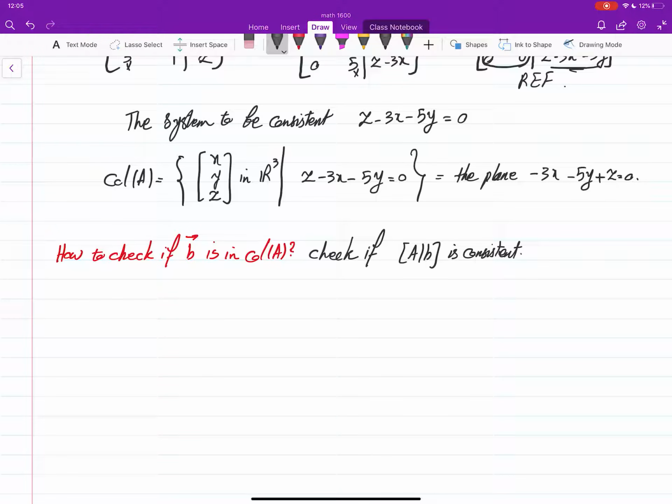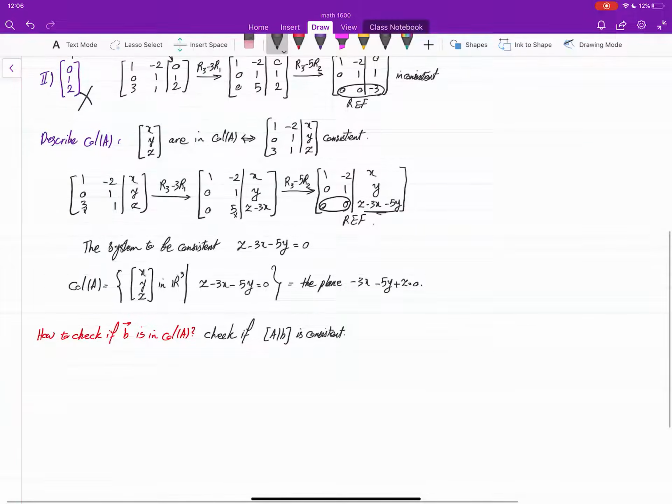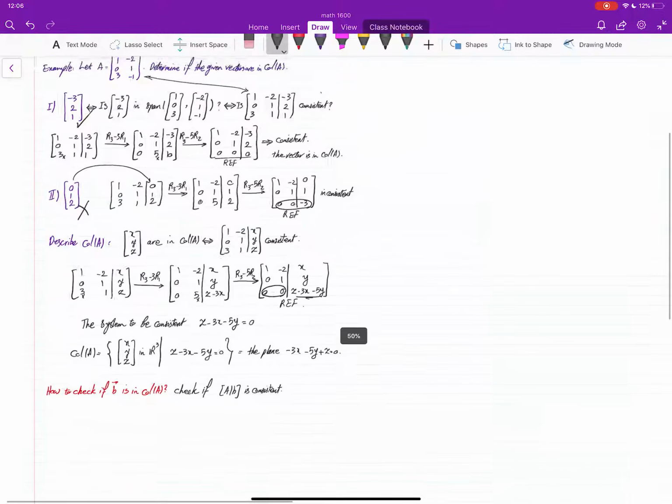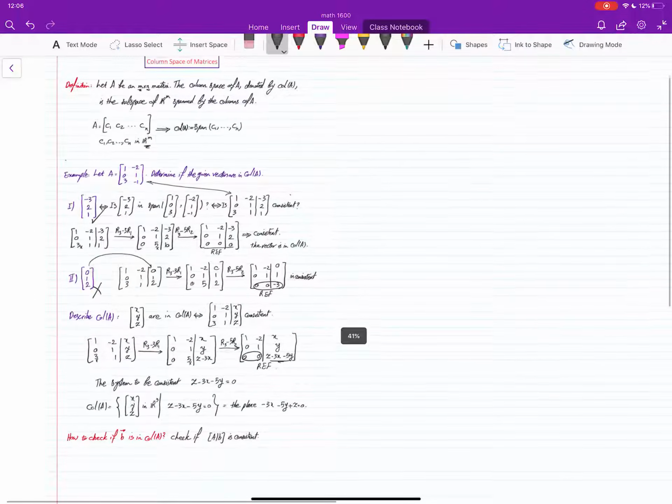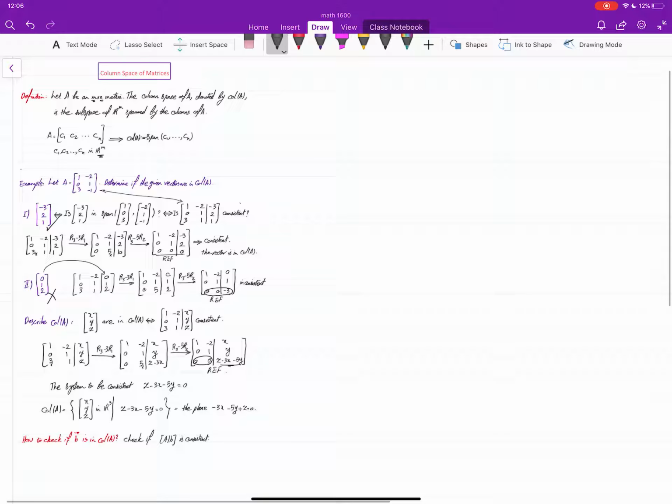If it is consistent, yes, then B is in the column space. If it is not, B is not in the column space. Okay. So this is one of the three subspaces we are going to assign to matrices, column space. The rest are coming.